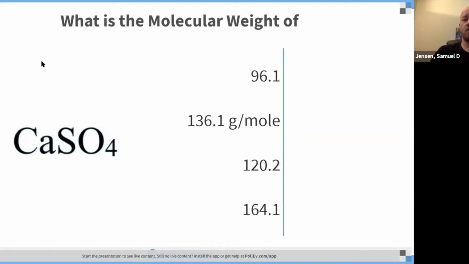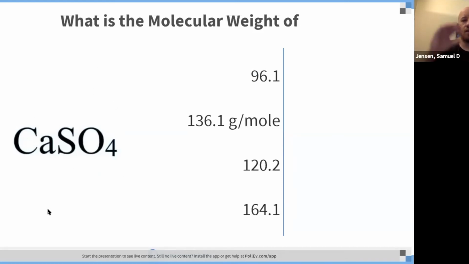One of those numbers should be the correct molecular weight for calcium sulfate. Calcium in the periodic table is about 40 grams per mole. Sulfur in the periodic table is 32 grams per mole. And there are 4 oxygens. So it's 4 times 16 plus 32 plus 40.